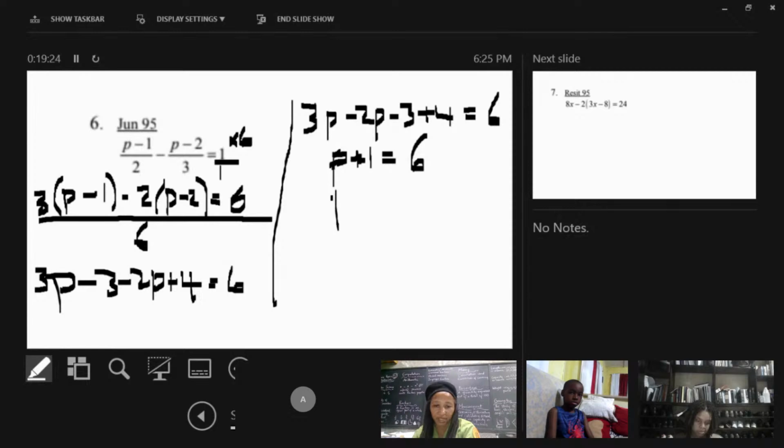So p plus 1 equals 6. So what happened to this minus 1? Minus 1. So p is equal to 5. Correct.